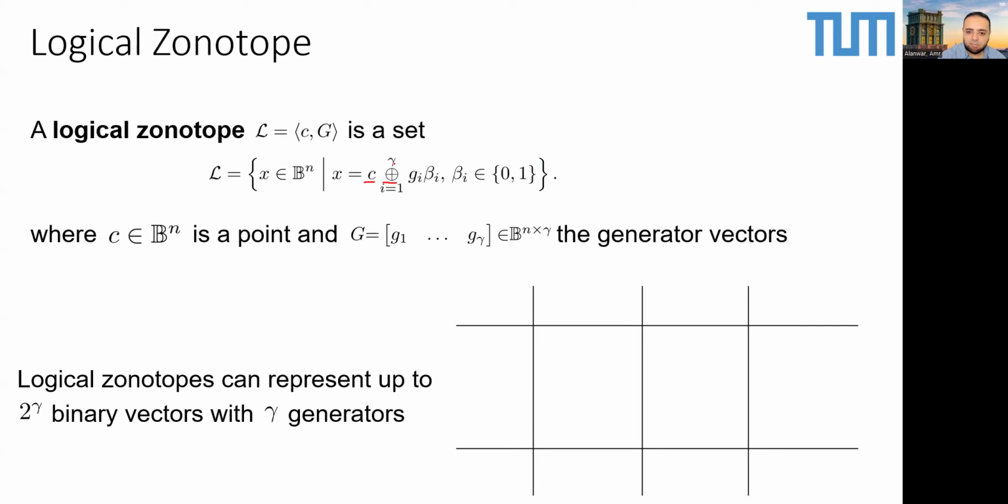So it's a multiple XOR or summation of XORs between generators ANDed with beta, where beta takes all the values of zeros and ones. For example, if we have two generators, we will have beta 0, 0, 0, 1, 1, 0, and 1, 1.